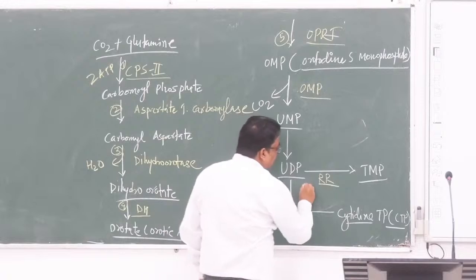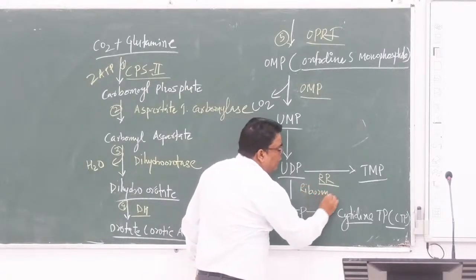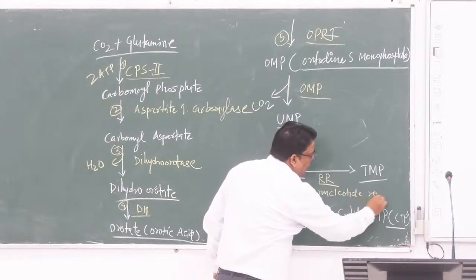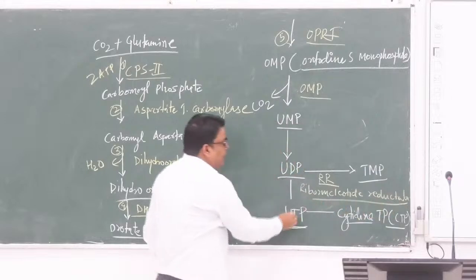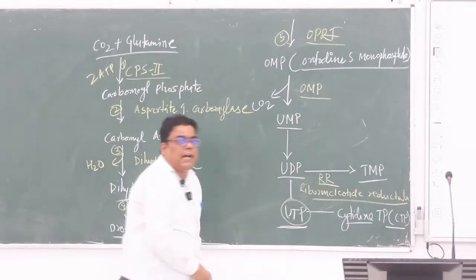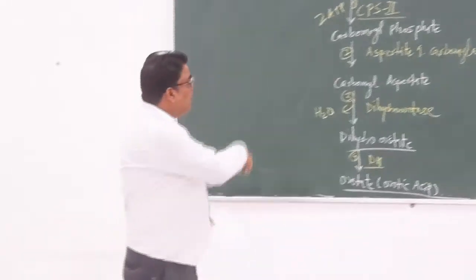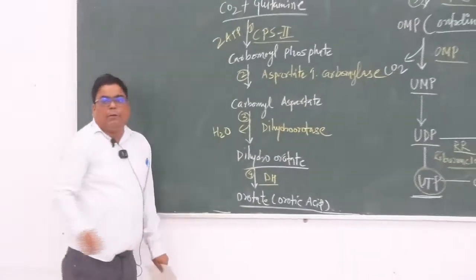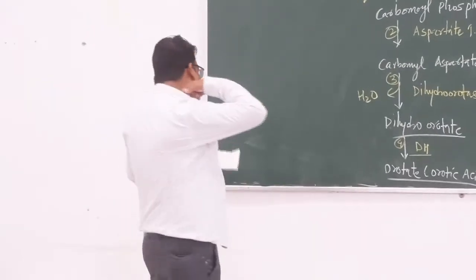Nucleotide, this RR stands for ribonucleotide. These pyrimidine nucleotides are formed by this metabolic pathway. This is called pyrimidine metabolism.